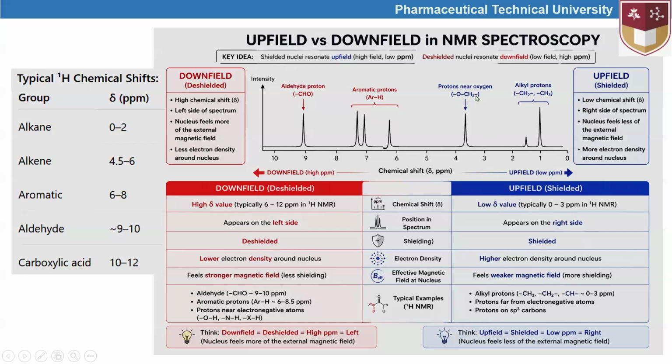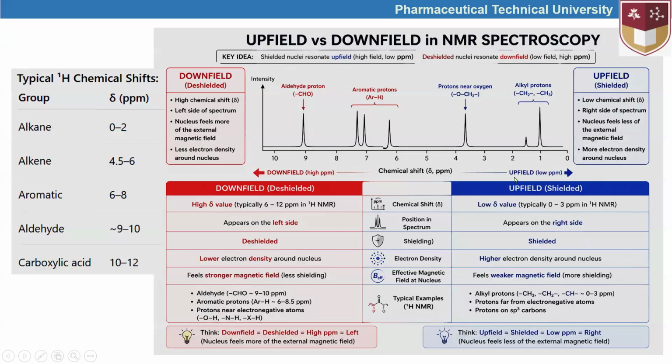hydrogens have lower electron density than these hydrogens because of the oxygen that has the chemical bond with the carbons that these two hydrogens belong to. I mean, here this carbon has a covalent bond with another carbon, and on this side as well. Or this carbon has a covalent bond with another carbon here.